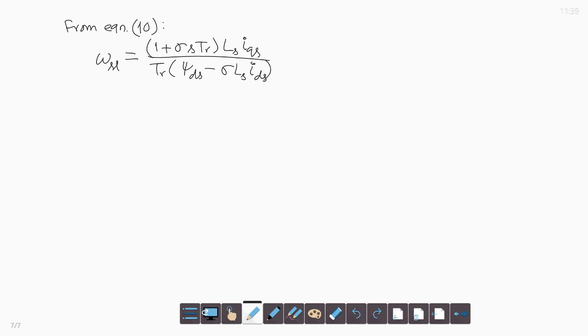This is directly obtained from equation 10. So, let us number it, and we have expressed slip speed explicitly, and this is equation number 14.